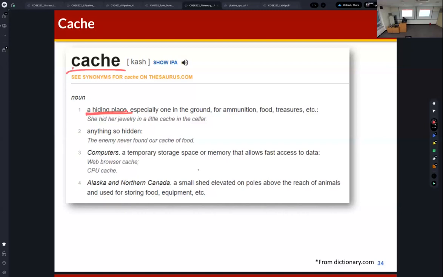So actually, that is the normal meaning of cache. But we are learning about the computer architecture, and so we need to focus on its meaning. So what is the cache? So as you can see, in the computer, cache is a temporary storage space or memory that allows fast access to data. So in a computer system, this storage or this space is called a cache.